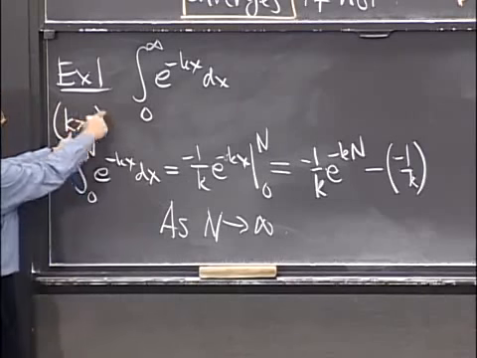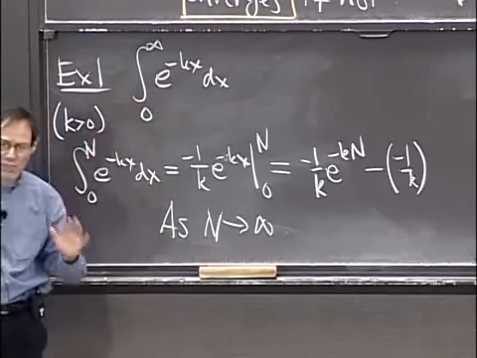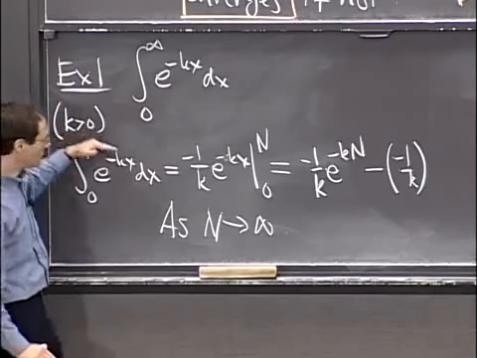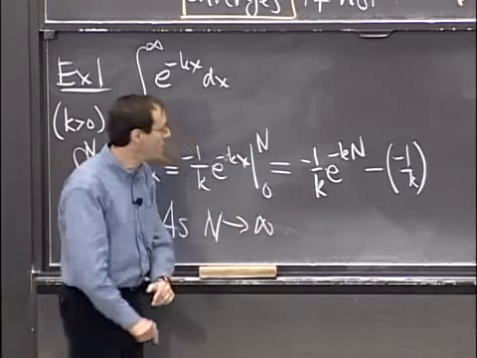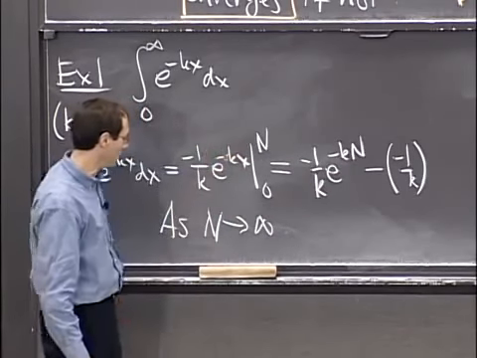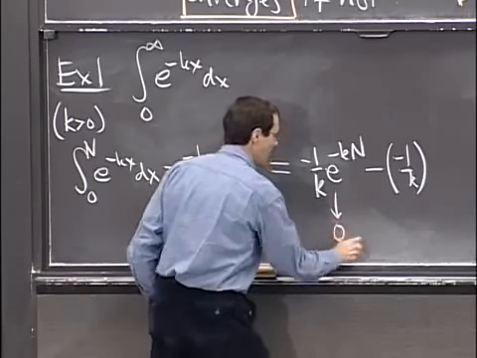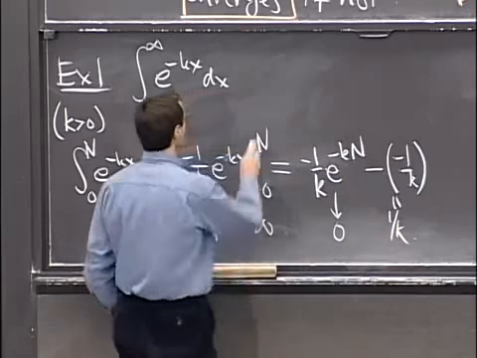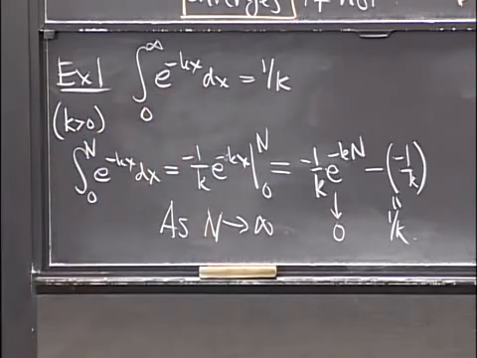You've definitely got to pay attention to signs of things, even though I'm doing this with general variables, because otherwise you'll always get the wrong answer. So this is, if you like, e to the minus infinity in the limit, which is 0. And so in the limit, this thing tends to 0, and the other thing is just equal to 1 over k. And so all told, the answer is 1 over k. And that's it.